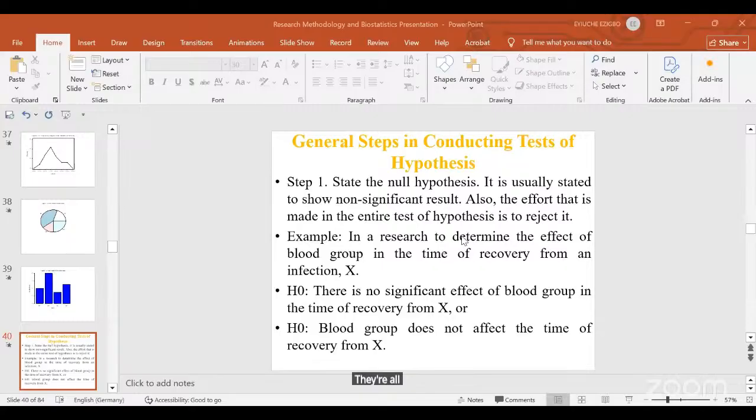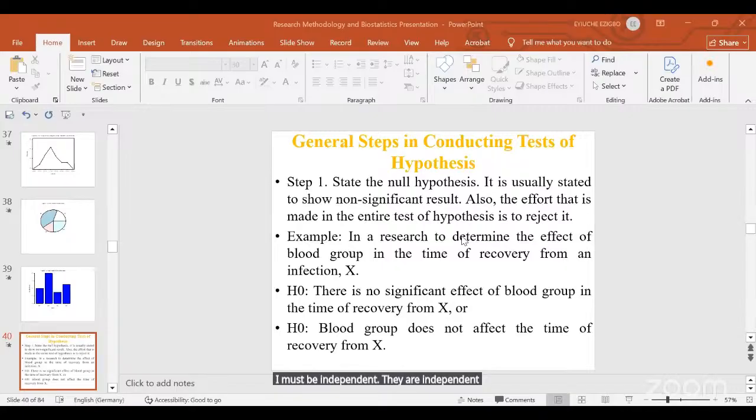And what is the null hypothesis? The null hypothesis is usually stated to show non-significant results. It is always stated with nullity. There is no difference. There is no significant difference. This and that, they have the same effects, that they are not independent, they are independent.